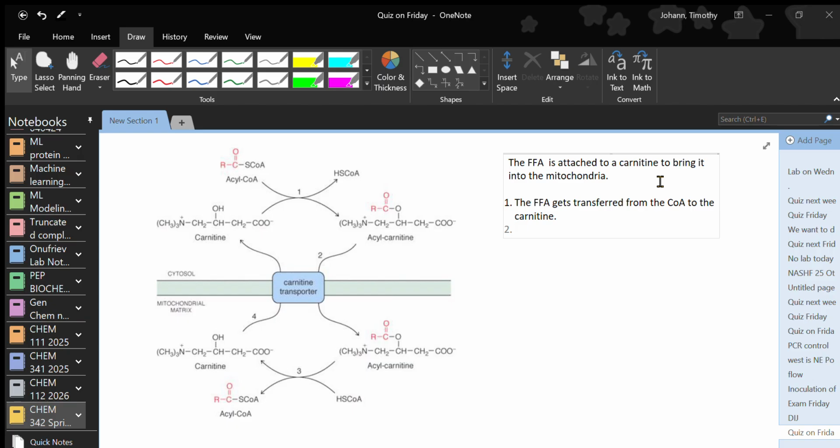The second step is the carnitine transporter is going to move the loaded carnitine into the mitochondria.